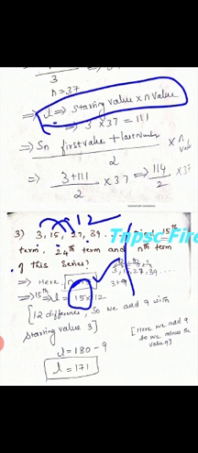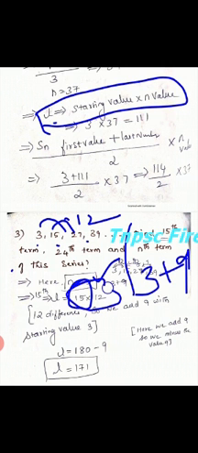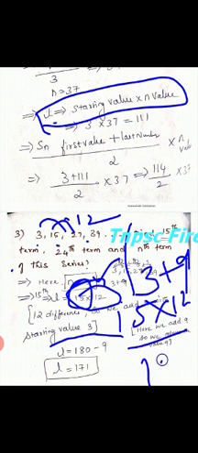Here the starting value is 12, that is 3 plus 9. So 12 is the difference. So we add 9 with the starting value 3. Okay, we will get 12. So when we simplify, 15 into 12 is 180. We will get 180.